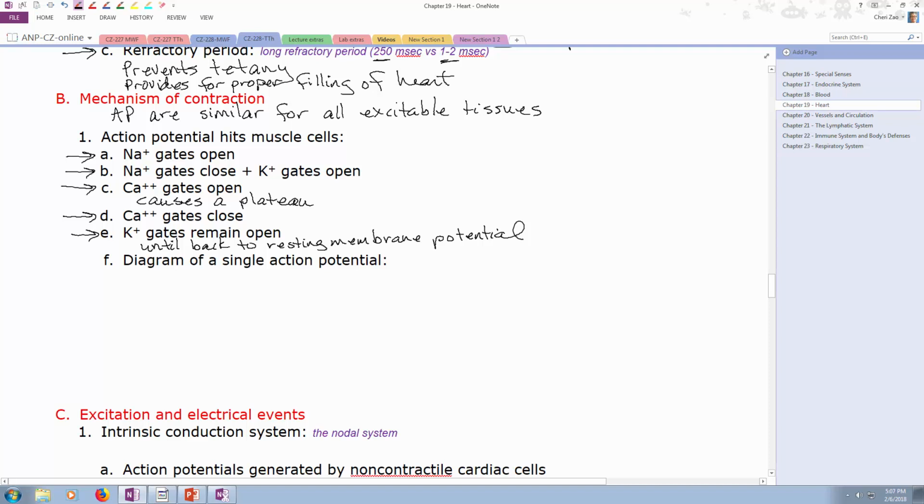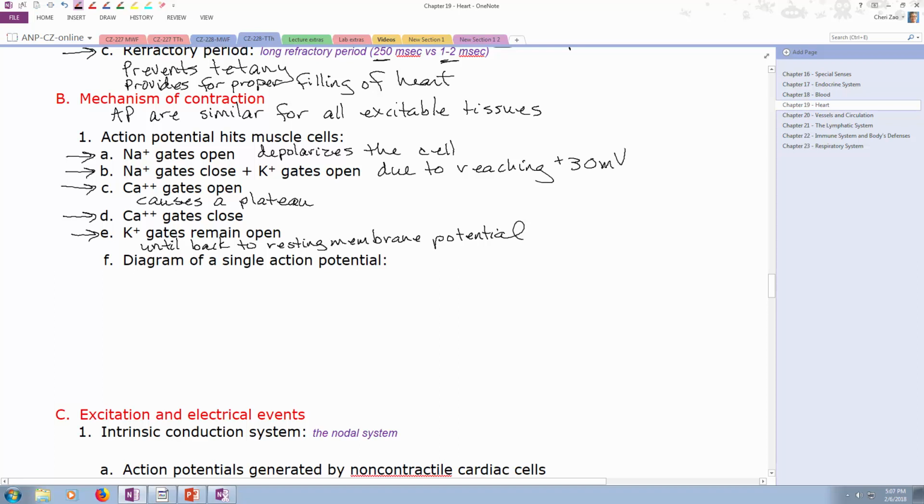So adding to our notes for A, sodium gates open, and this depolarizes the cell. So this is a heart muscle cell. And then sodium gates close, potassium gates open, and we mentioned due to reaching positive 30 millivolts.